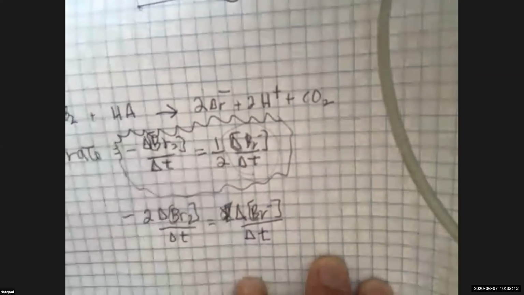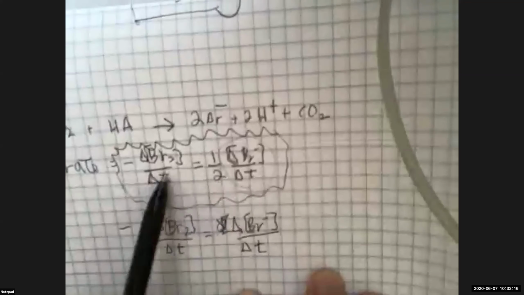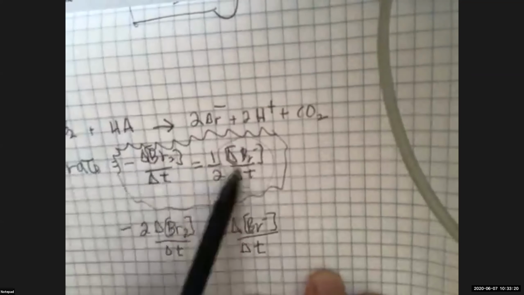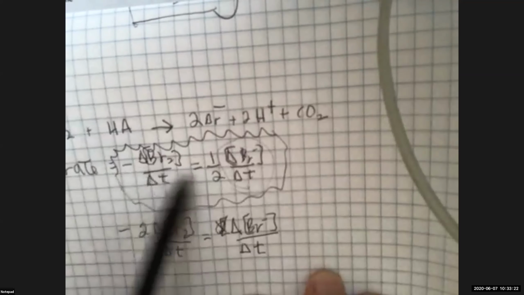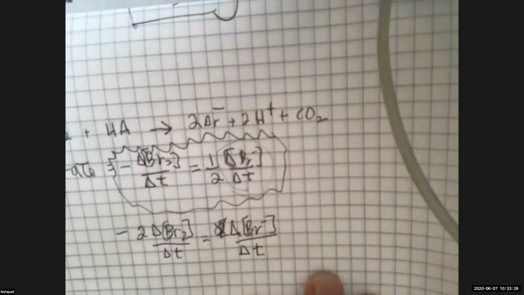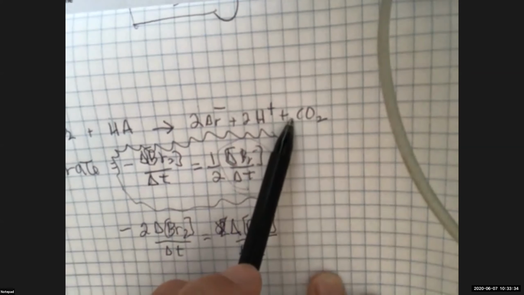So we would start with this relationship, and you can write them for every reactant. So we could write this relationship of rates for every reactant and every product in this equation. And then if the question is, well, how fast is CO2 forming? If we look at CO2, it has a coefficient of 1.